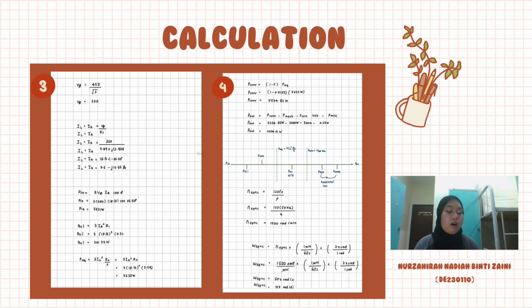The formula of W sync is N sync multiply 1 minute divide 60 second multiply 2 pi rad divide 1 rev. So we get the value of W sync is 157 rad per second.